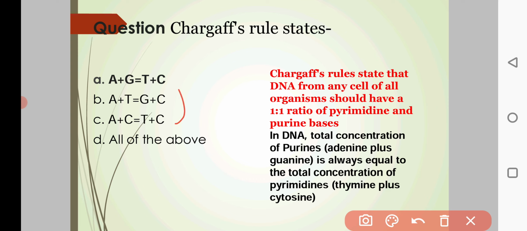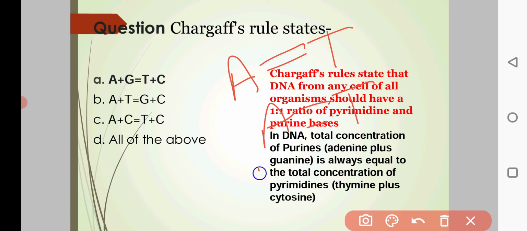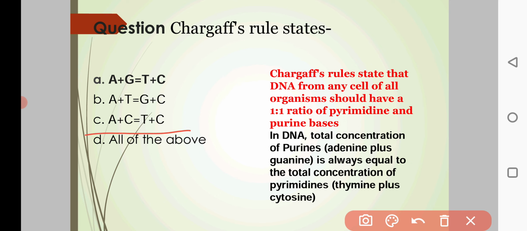These are not correct because if you see the structure of DNA, you will see that adenine always double bonds with thymine. So adenine will equal to thymine, but adenine plus thymine will not equal to guanine plus cytosine. Likewise, this option is also not correct.